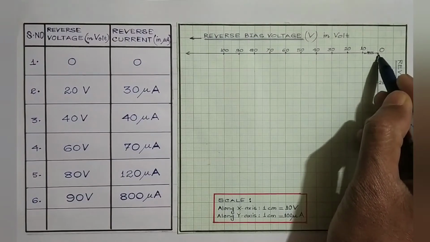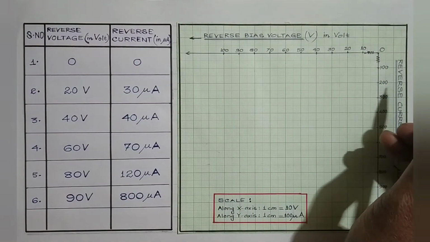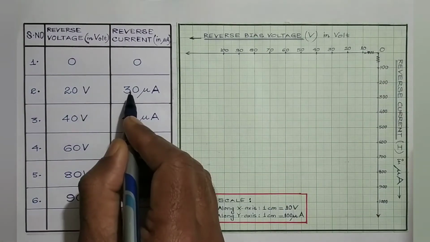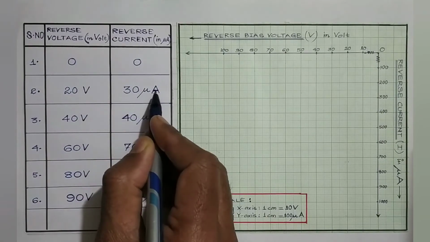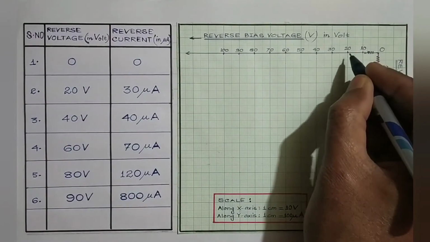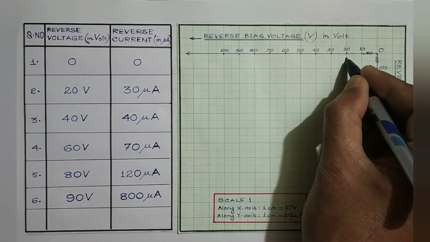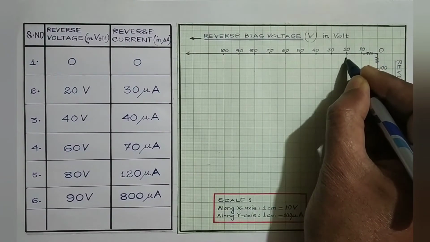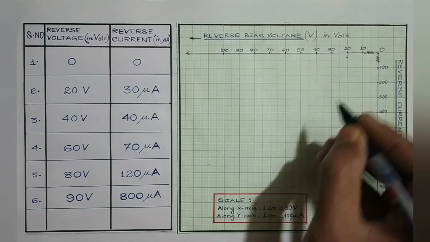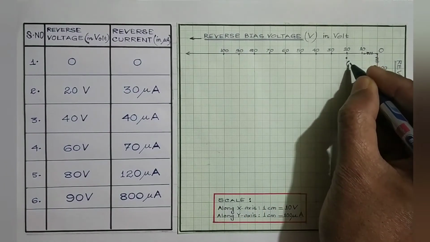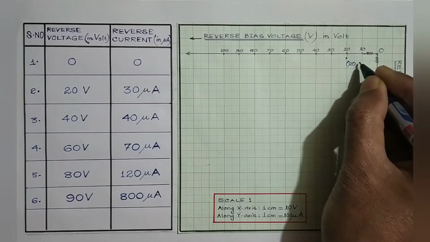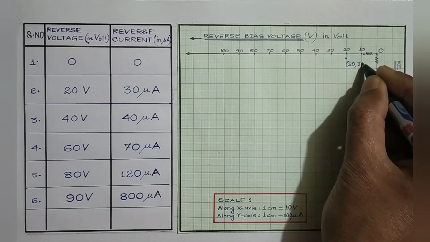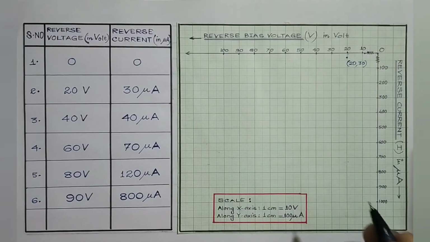So one small division would be 10 microampere. So here we need to locate a point of 30 microampere corresponding to 20 volt. So this is it. 3 divisions, 1, 2 and 3 divisions corresponding to 20. So this is the point, right? So this is 20 volt and 30 microampere.